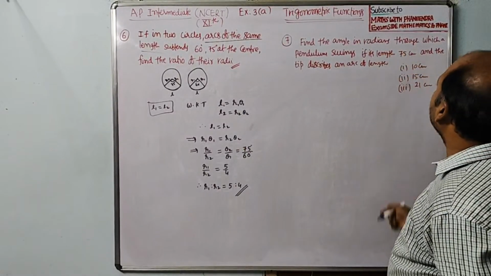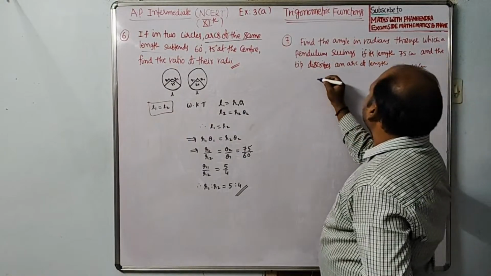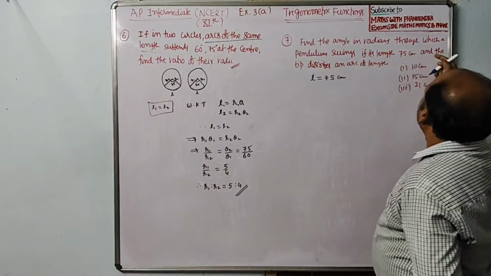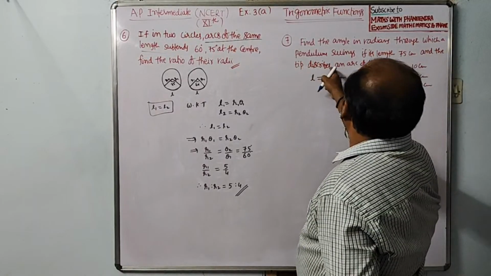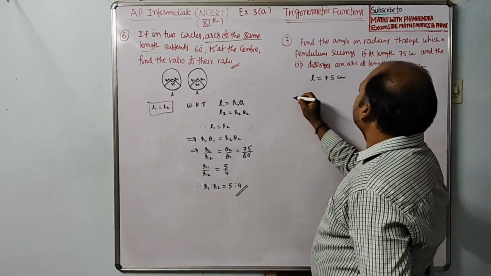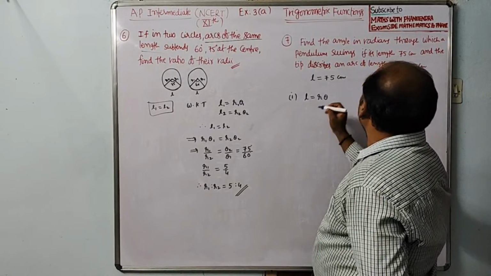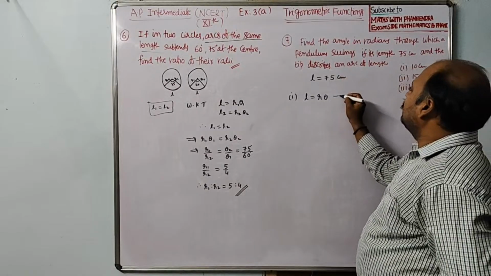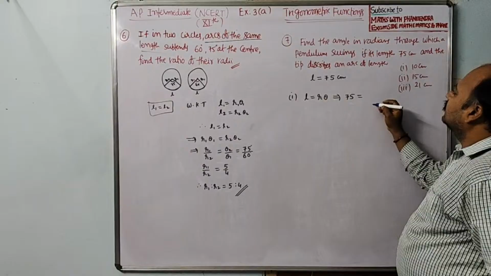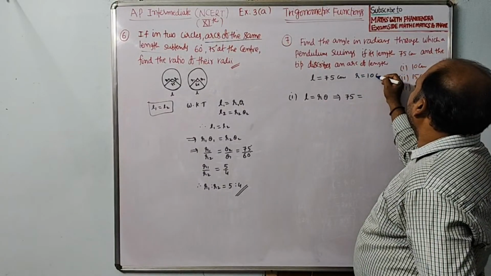Find the angle in radians through which the pendulum swings if its length is L equal to 75 centimeters, and the tip describes an arc of length. So, R values are given. We know that L is equal to R theta. In that, L is given as 75, equal to R, first case. Here R is equal to 10 centimeter.